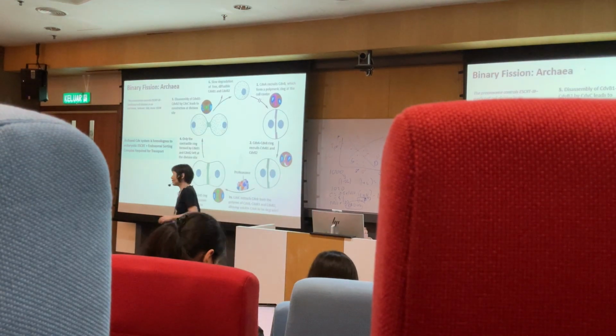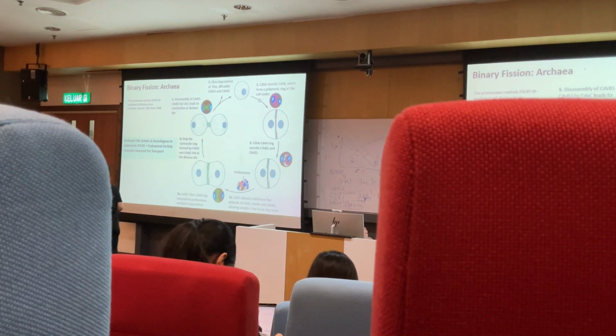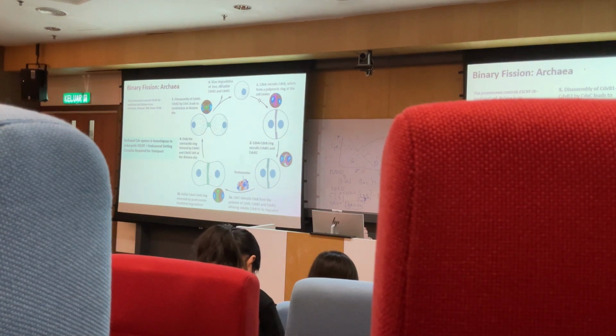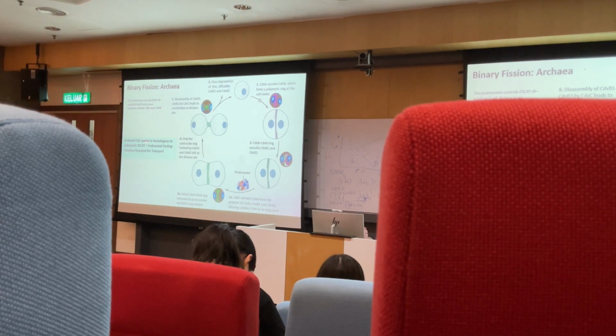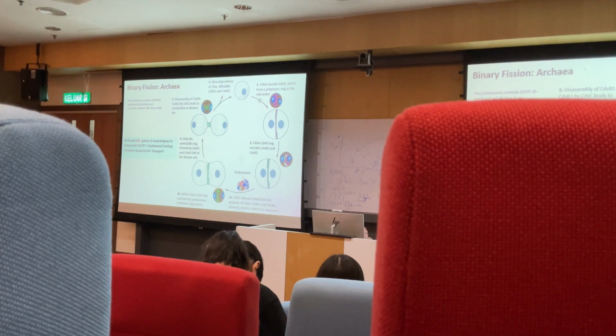Now, similarly, archaebacteria also do binary fission. This diagram is taken from a paper; if you want to know a little more, you can check it. They use another protein system called CDV. CDV has a homolog found in eukaryotes called ESCRT, endosomal sorting complex required for transport.